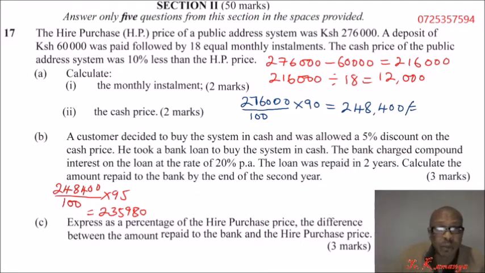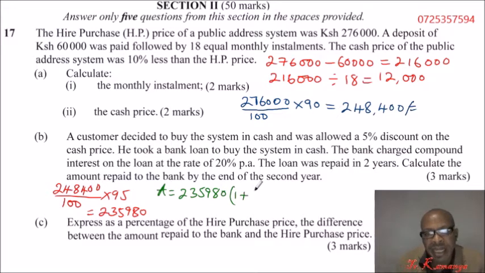Therefore the amount is equal to, with this as the principal, 235,980. You open the bracket, we have 1 plus the percentage, which was 20, divided by 100, using the formula for compound interest. The time to repay the loan was 2 years.